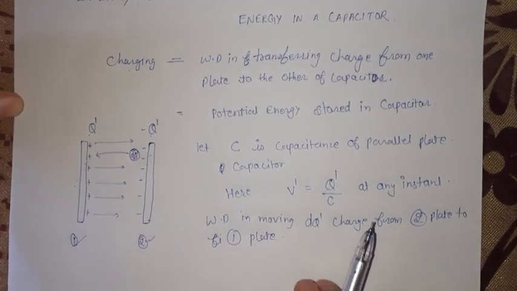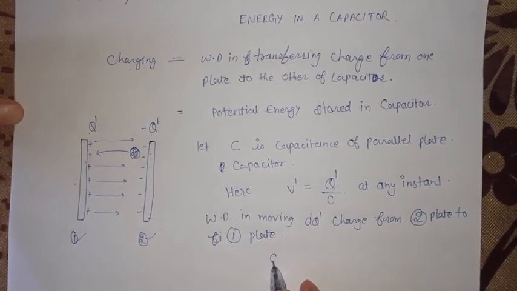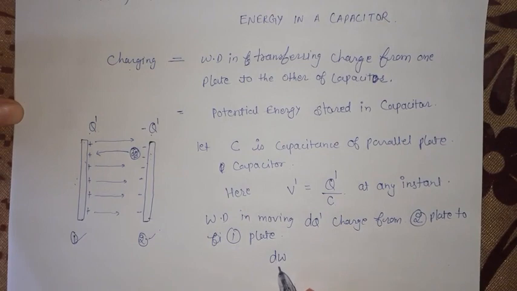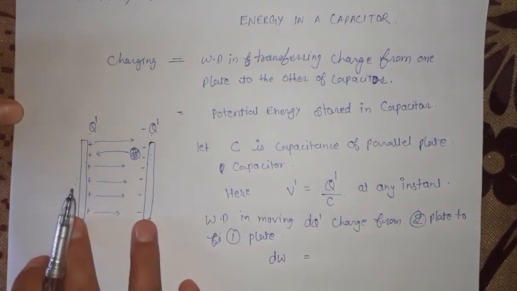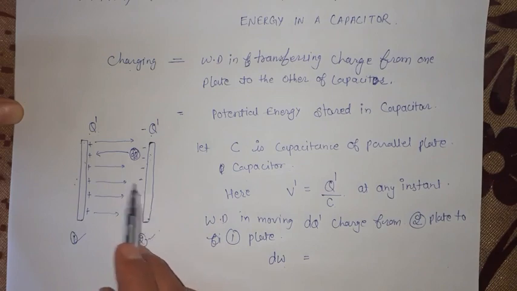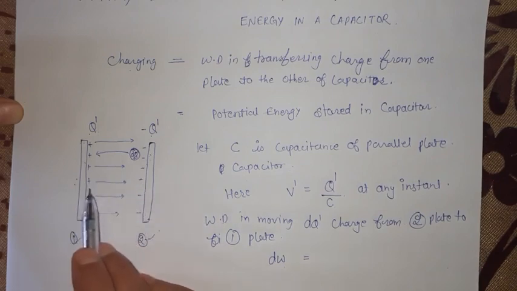So student, it is a very small charge that I am going to take, so this is a small work done, only for a single small charge that I'm calculating. I'm doing this work within the electric field, taking the charge from one plate to another.